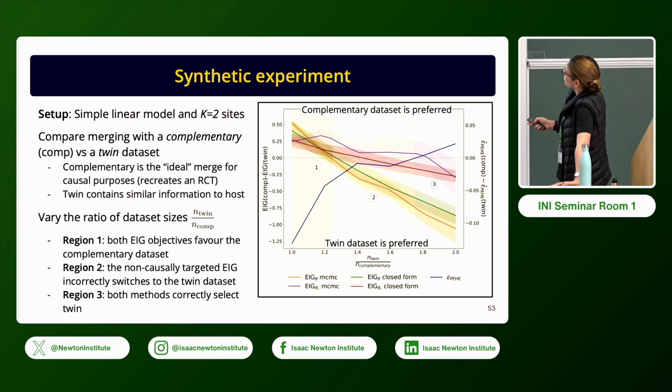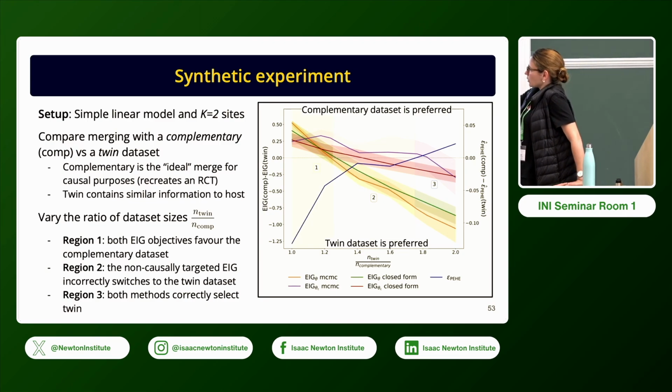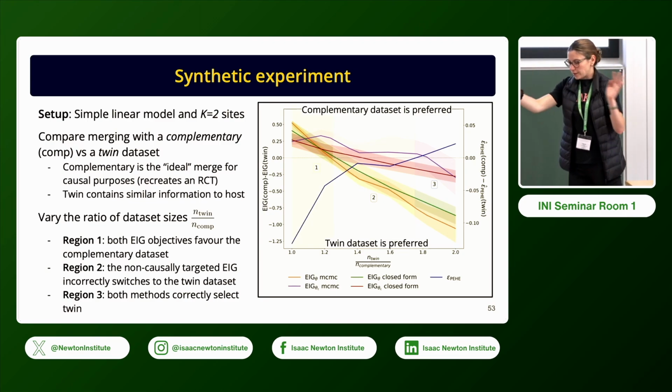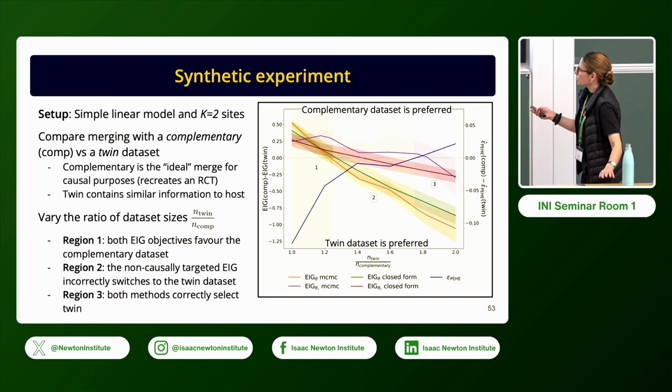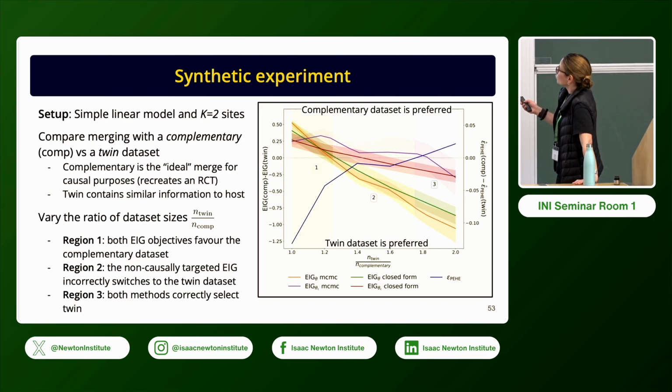So this you want to be positive, and this you want to be positive. So the complementary data set is favored in this first region. In the second region, the EIG that targets parameters in the entire model as opposed to just the causal parameters actually incorrectly switches to the twin data set.